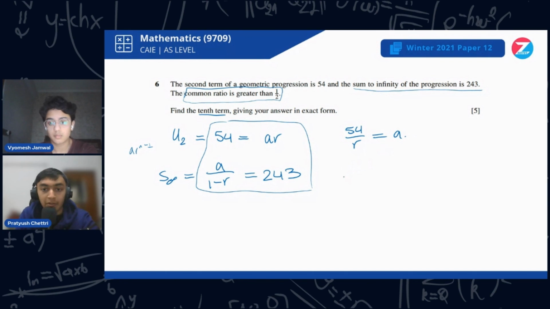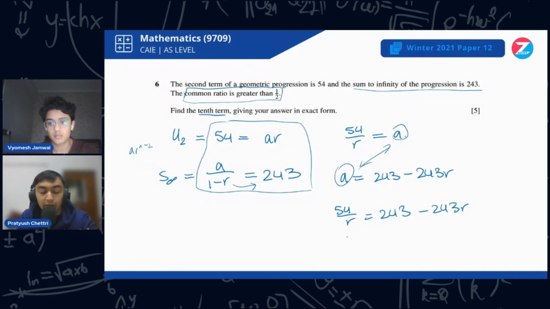And here I would rearrange it so that A is equal to, I'd multiply both sides by 1 minus R, so 243 minus 243R. Just open the brackets. And now, since I've rearranged both for A, I can just make them equal. So 54 by R is equal to 243 minus 243R.